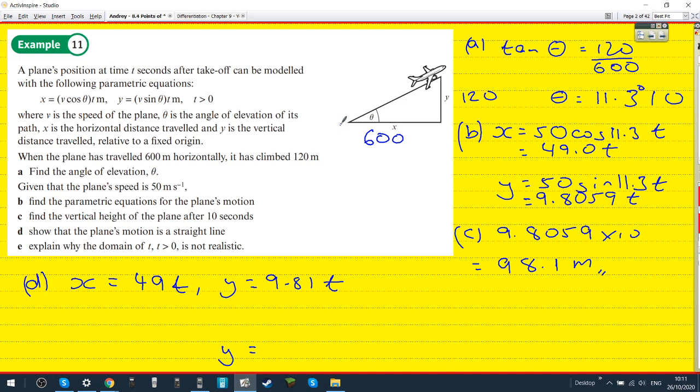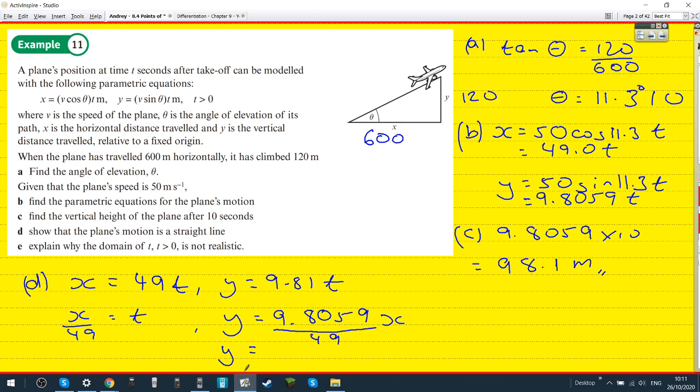Do I need to then do x over 49 equals t and y over 9.81 equals t? You can do the x one, that's fine. That's all you really need. I then just sub in x over 49 to do y equals 9.81 times x over 49. Yeah, and actually maybe I'll just do 9.8059 to be more accurate, times x over 49.